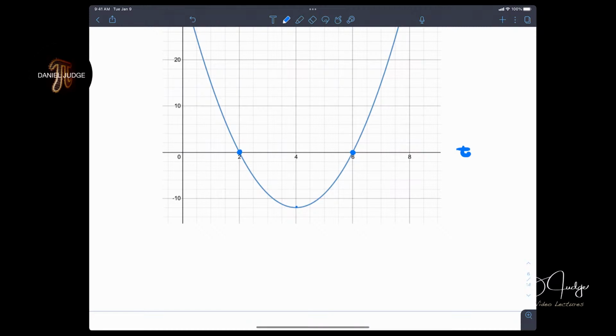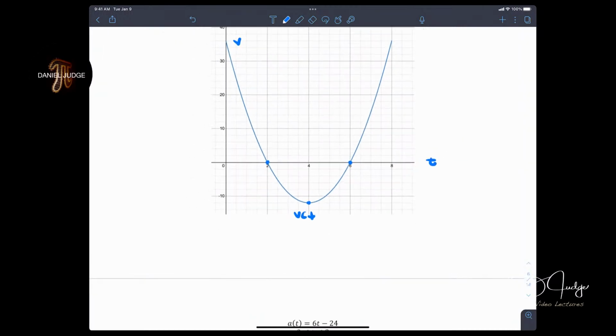And of course, at 4 seconds, this is where my velocity, this is v of 4. So let me show you guys the velocity at 4 seconds here. Oops, I apologize. We'll get back to this.